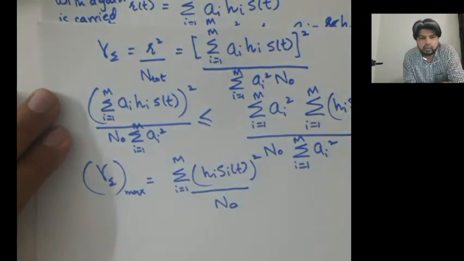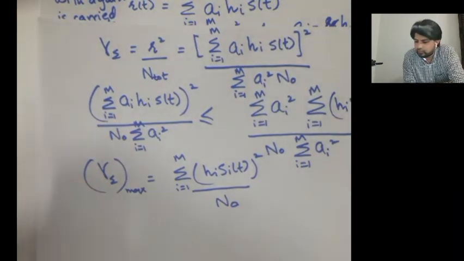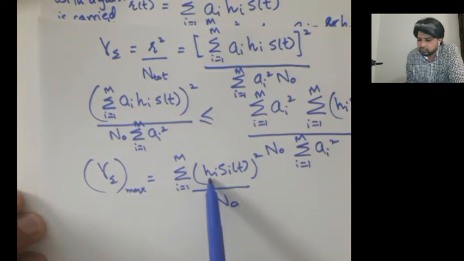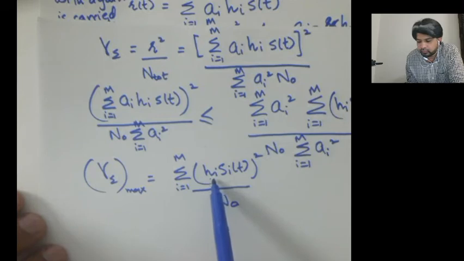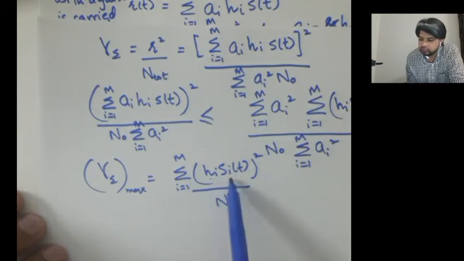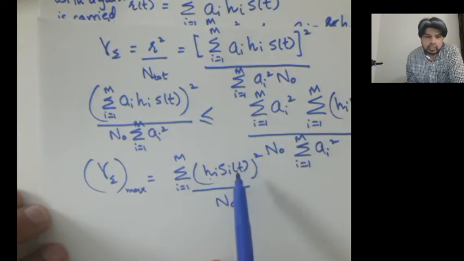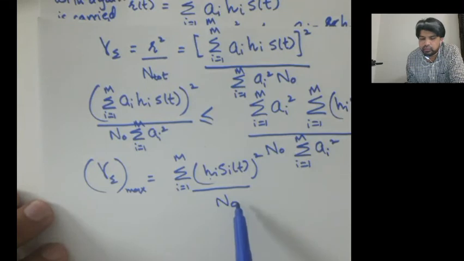So remember, you have h_i times s_i(t), so this is your channel gain for the ith channel. s_i(t) is your transmitted signal, and combined together these two would be your received signal at the ith branch because of the transmission of the ith antenna, and square of that would be your Es for the ith branch. So Es over N naught, that would be your gamma i.